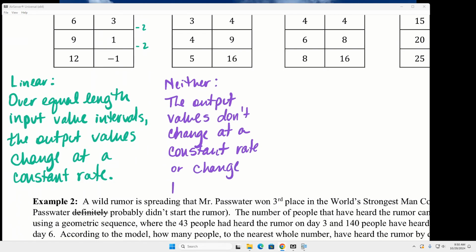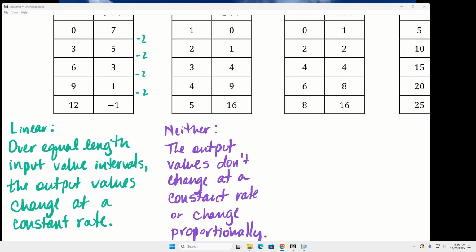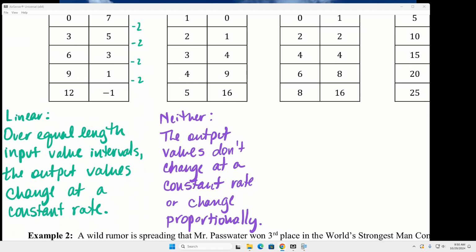That's what you say for exponential. You say that the output values change proportionally. They don't here. So this is a certain type of function. It's just not linear or quadratic or exponential.